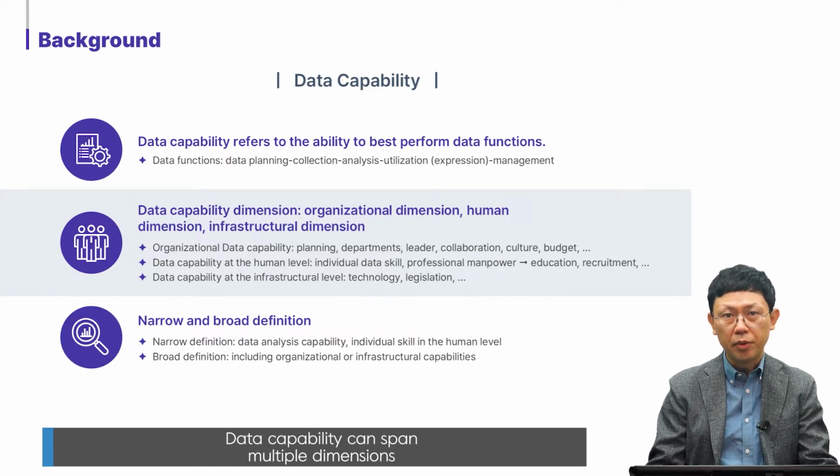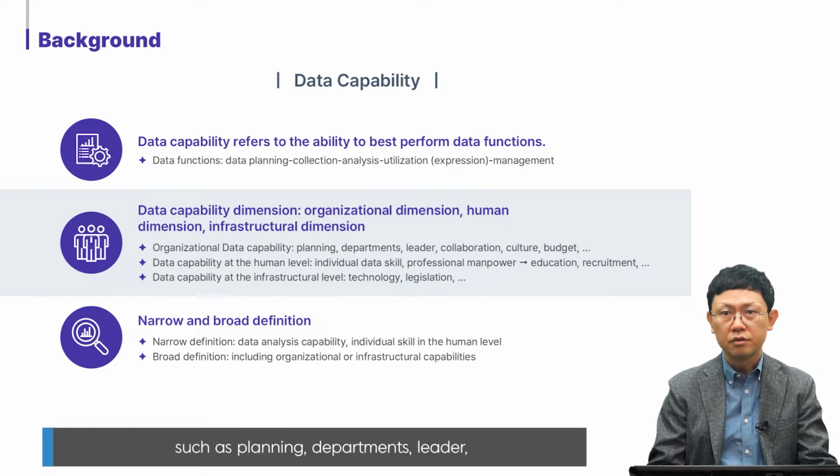Data capability can span multiple dimensions, such as organizational dimension, human dimension, infrastructural dimension. At the organizational dimension, data competencies include various organizational variables, such as planning, departments, leader, collaboration, culture, budget, and so on.